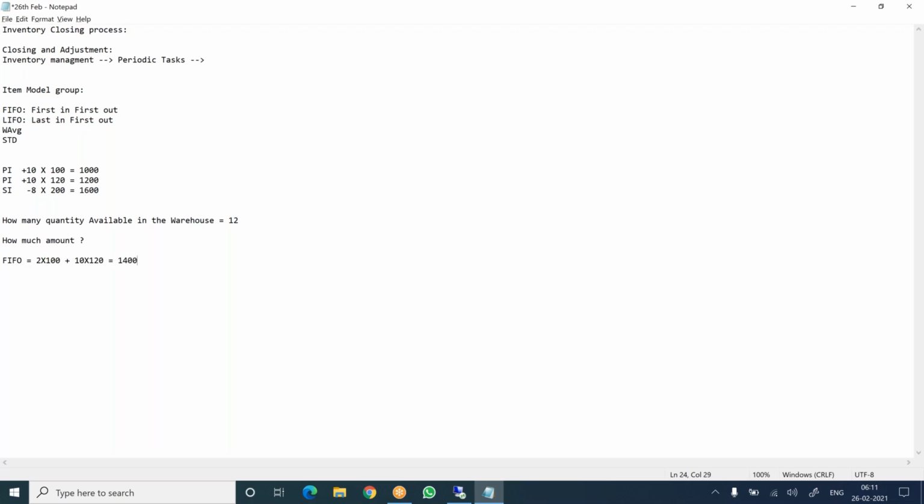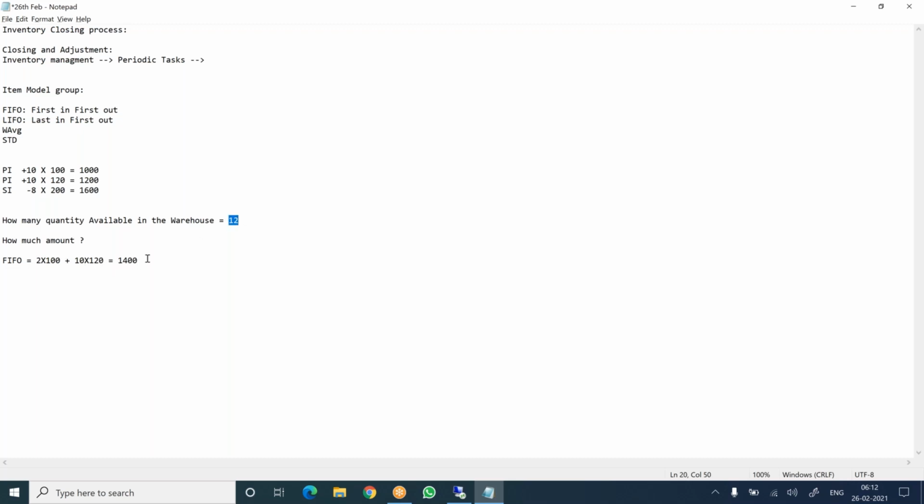Understood the calculation? Take the example of white plastic chairs. Initially I have purchased at the rate of 100. Later I have purchased at the rate of 120. Now sold 8 quantity. Then available quantity is 12, fine.